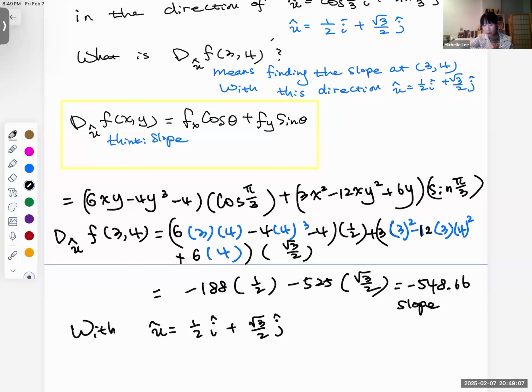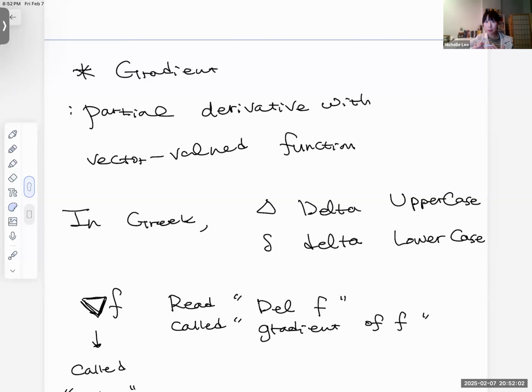Okay, so you guys okay with this? All right, so we finished directional derivative. Let's do gradient. So we have a gradient here. We talk about the partial derivative with the function, right? So a three-dimension function.